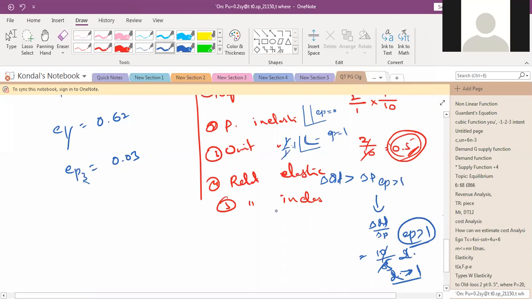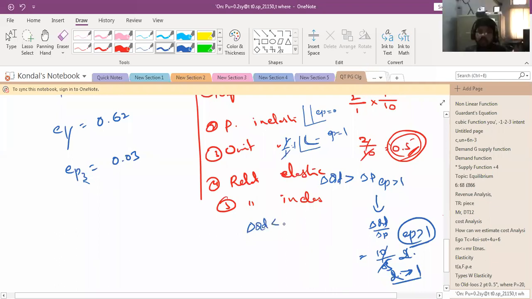So in relatively inelastic demand, the percentage change in quantity demanded is less than the percentage change in price, right? It means that the percentage change in price is higher than the percentage change in quantity demanded.